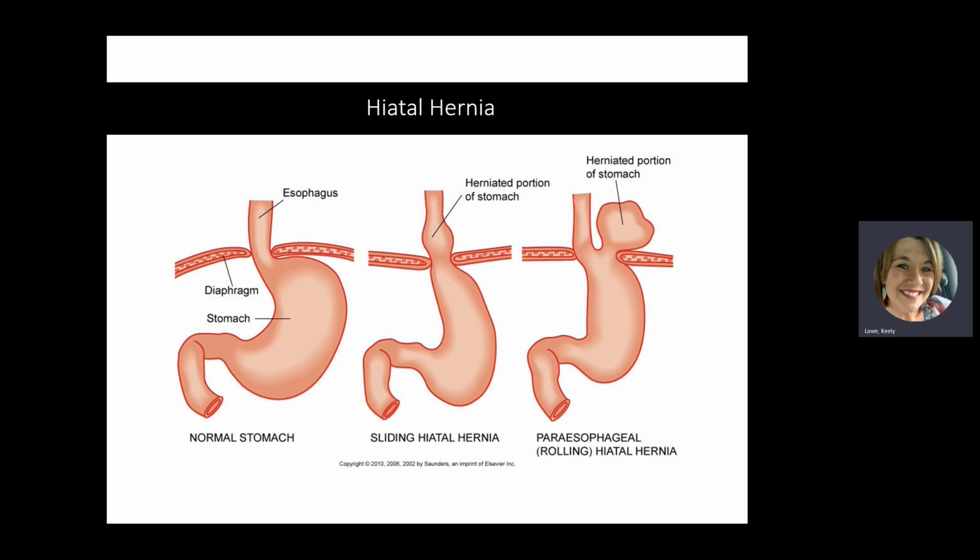If we have increasing pressure in this area, the diaphragm gets weak, and we said that happens when patients have chronic respiratory problems as well. Both of these things happen. What can happen is with that increased stomach pressure, some stomach can be pushed up above the diaphragm. And that's truly called a hiatal hernia, a herniated portion of the stomach.